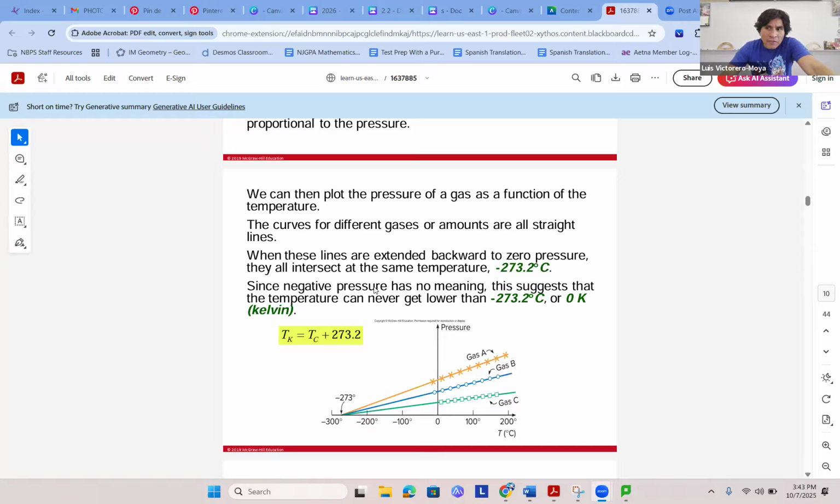Now, for very large values of temperature, because of that relationship that you see there between kelvins and Celsius, if you're looking at millions of kelvins, you are also effectively looking at millions of Celsius. There's not really much of a difference. It makes more sense to look at the difference when you're looking at small values of temperature in both Celsius and Kelvins.